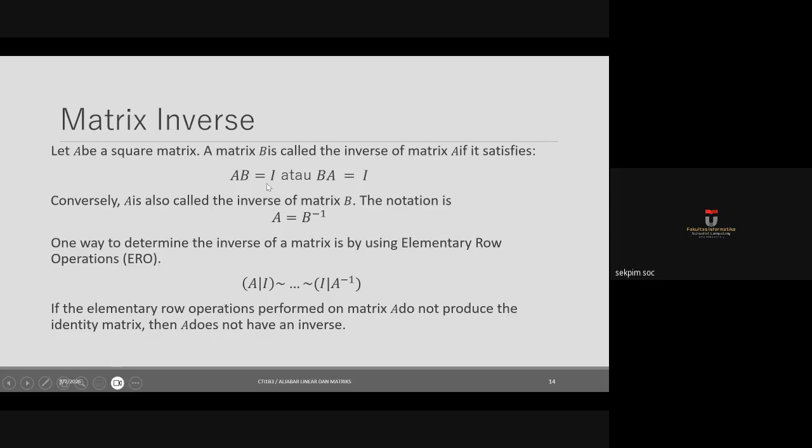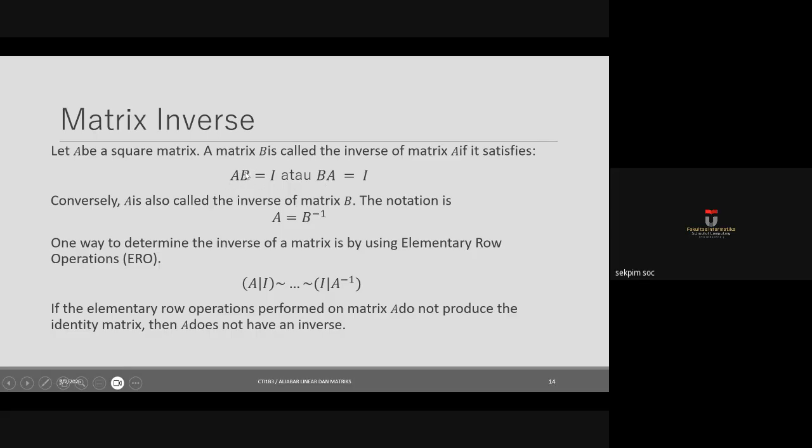Okay, how to do that? The concept is like this, right? Suppose that you have two matrices A and B such that AB equals the identity, or you also have BA equals the identity. If it happens, then B is actually the inverse of A and vice versa.